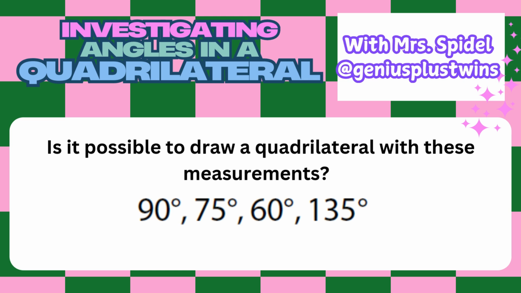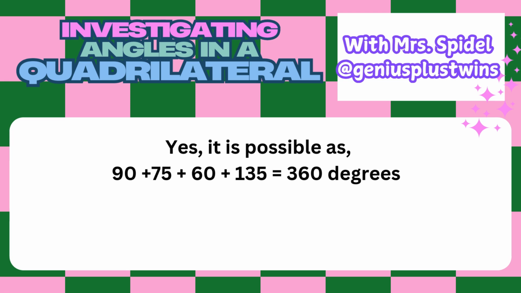Pause the video and add those numbers together to see what you get. All right, if you found out that yes, it is possible to draw a quadrilateral with those 4-degree measurements, you are correct. They do add up to 360 degrees.